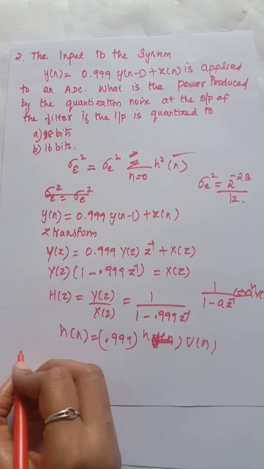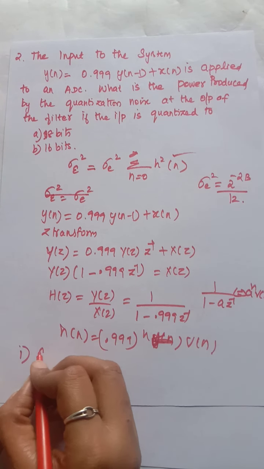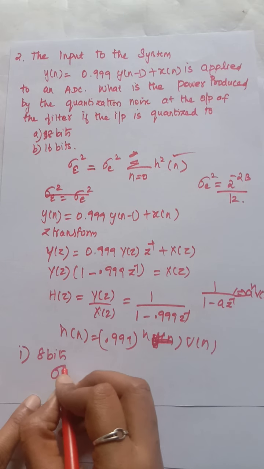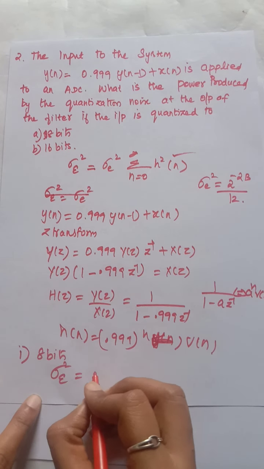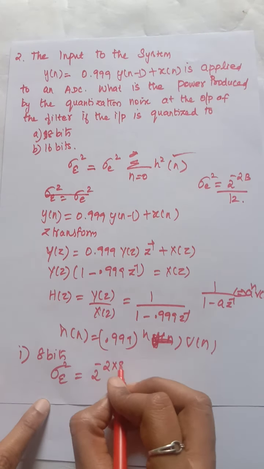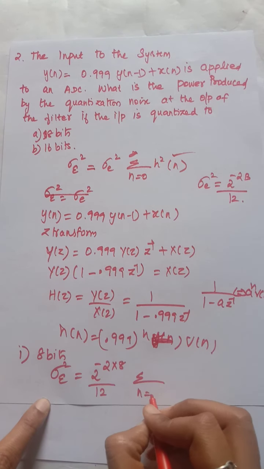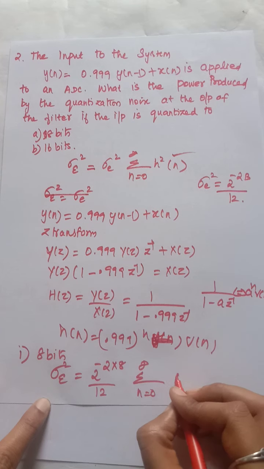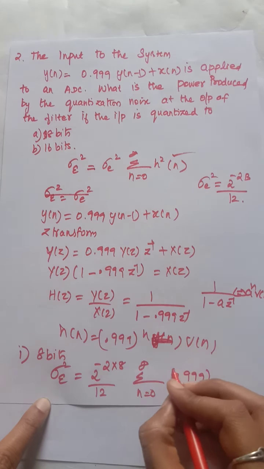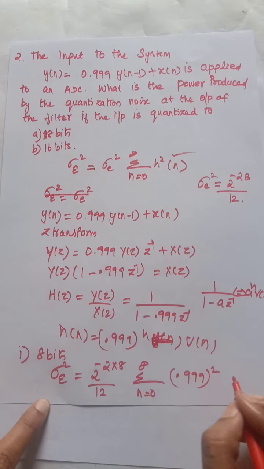Now first we are going to find the result for 8 bits. So sigma square epsilon is equal to 2 power minus 2 into 8 divided by 12 into the summation n equal to 0 to infinity of 0.999 whole square.